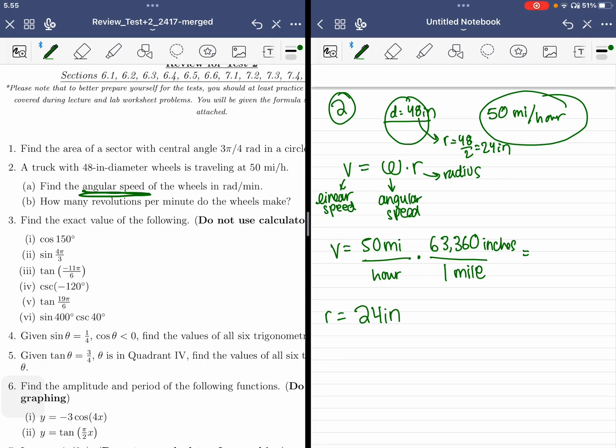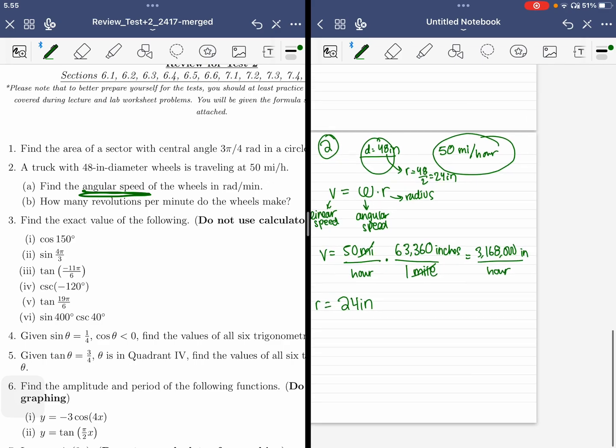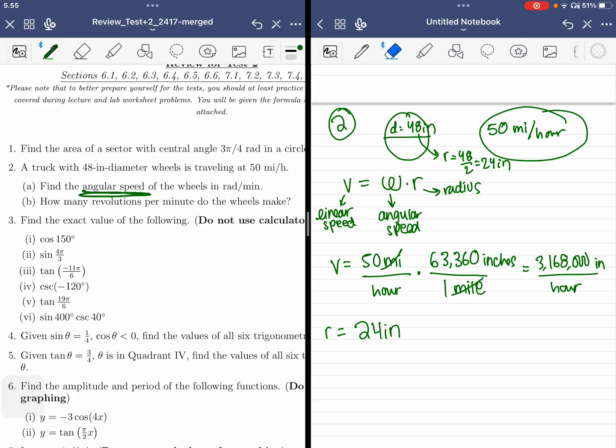Let me get my calculator. That is 3,168,000 inches over hour, right? So that cancels out. So you want that again over minutes, right? So we need to convert this to over minutes.